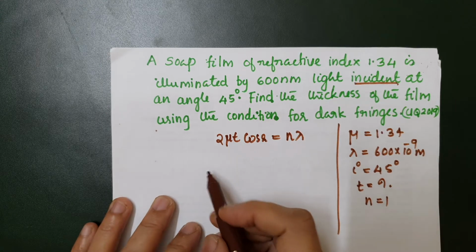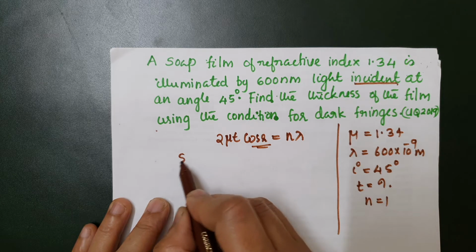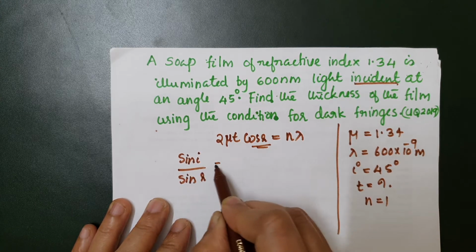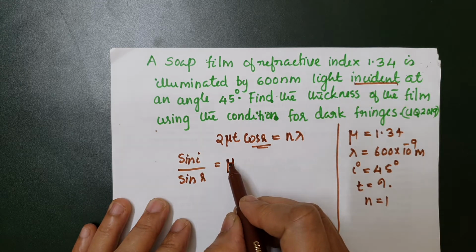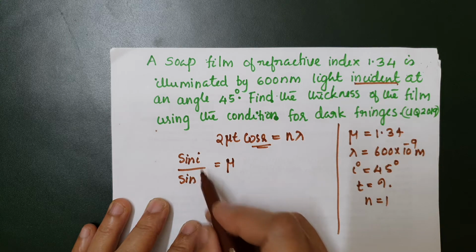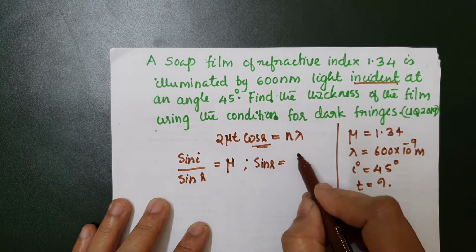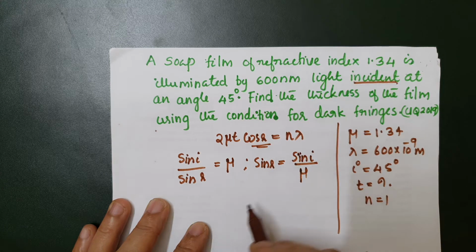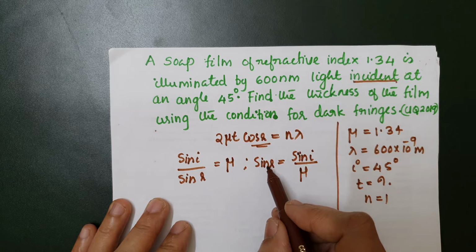So cos r we have to find out, but we know that according to Snell's law, sin i by sin r is equal to the refractive index of the medium, that is mu. Sin i is given, so sin r can be written as sin i by mu. But we know that sin square theta plus cos square theta is 1.